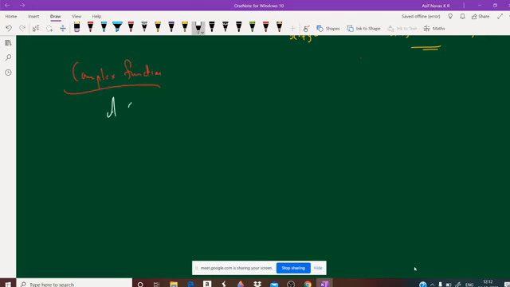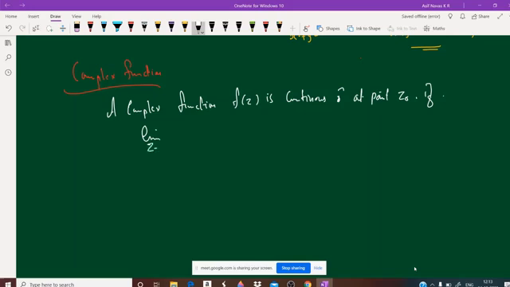A complex function f of z is continuous at the point z naught if the limit as z tends to z naught of f of z is equal to f of z naught.